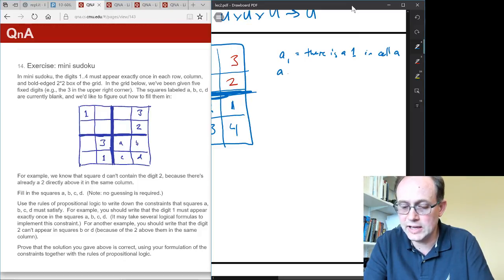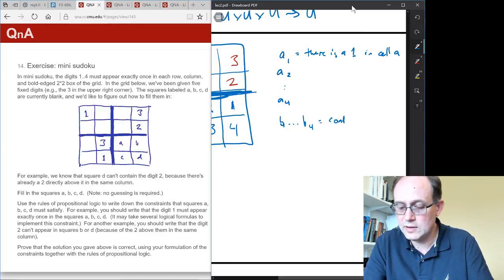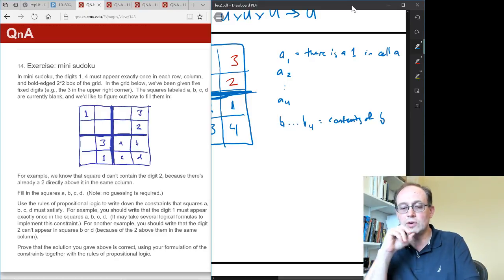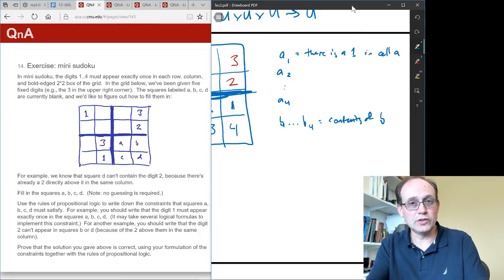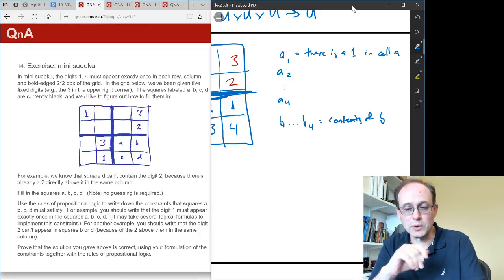And then similarly A2 up to A4, and then the same thing for B1 to B4. That would give us the contents of cell B, right? And C1 through C4 and D1 through D4, right? So those would be the propositions that we would work with.